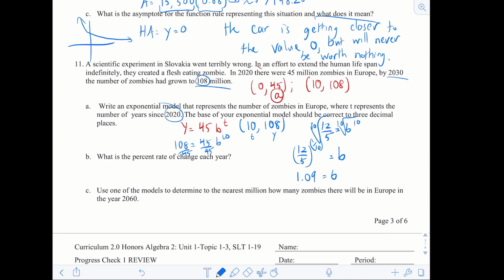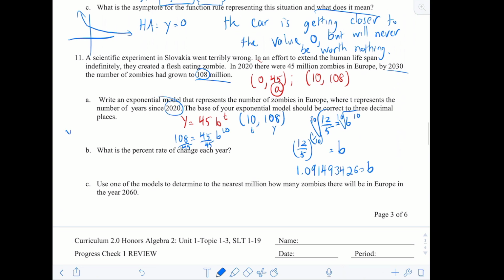Let's round to 2 decimal places. Okay, it says, what is the percent rate of change? Maybe I'll actually go a little bit further because if I'm dealing with percentages, that might change things a little bit. Okay, let's go back. So that's going to be 1.0914934426. Just making sure I have that value.